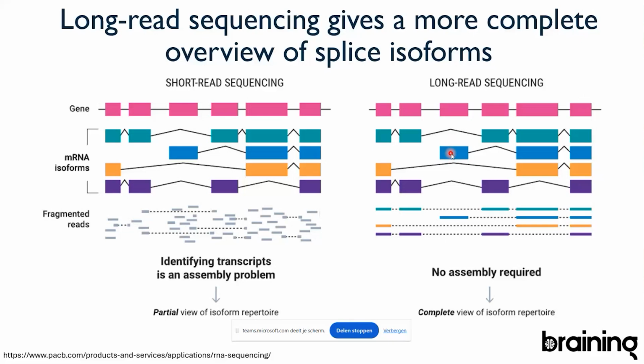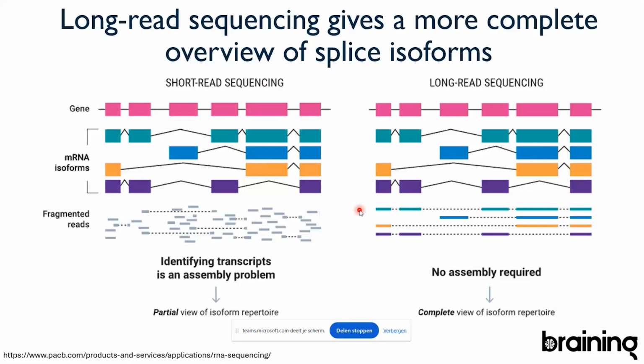It does not have exon 4, but it does have exon 5 and 6. And this kind of information I would completely lack with short read sequencing. So that's why I'm very interested in long read sequencing, because it gives me, in theory, the full overview of all the RNA isoforms that are being expressed at a certain time in a certain type of cell, right?